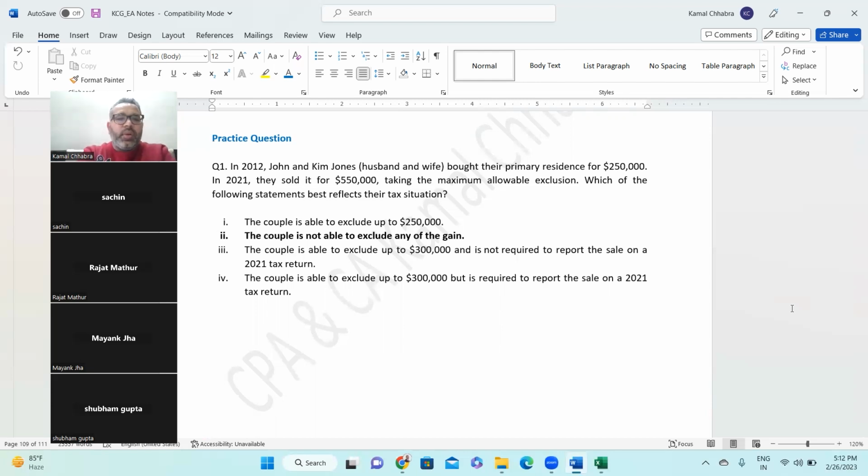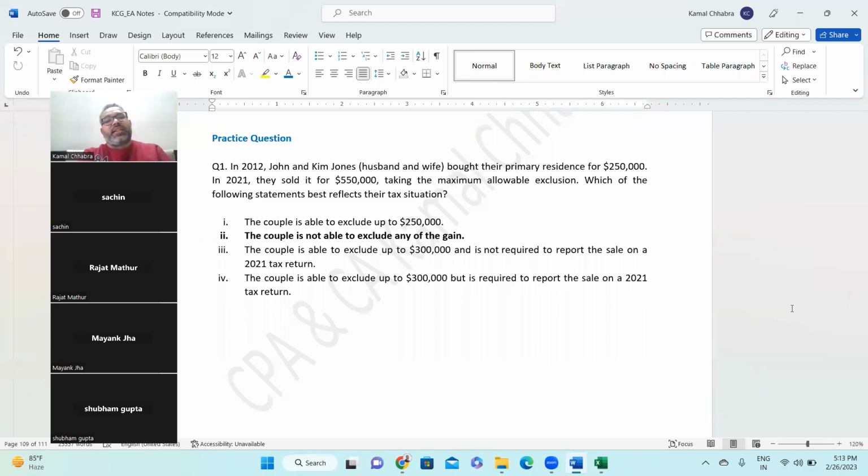So they are saying John and Kim purchased a primary residence for $250,000, and in 2021 they sold it for $550,000. $550,000 minus $250,000, how much is the gain? $300,000 is the gain, right?